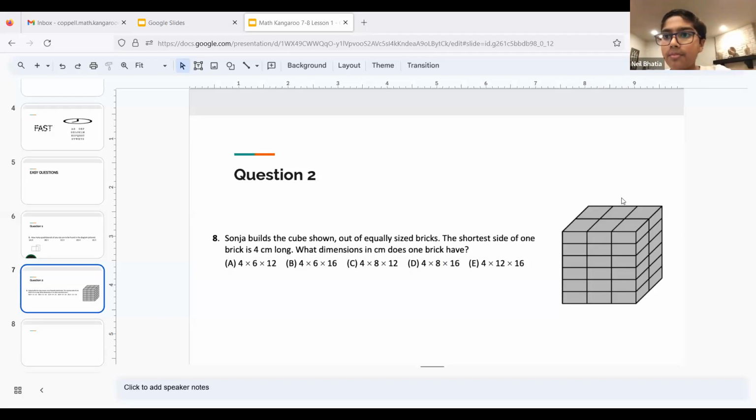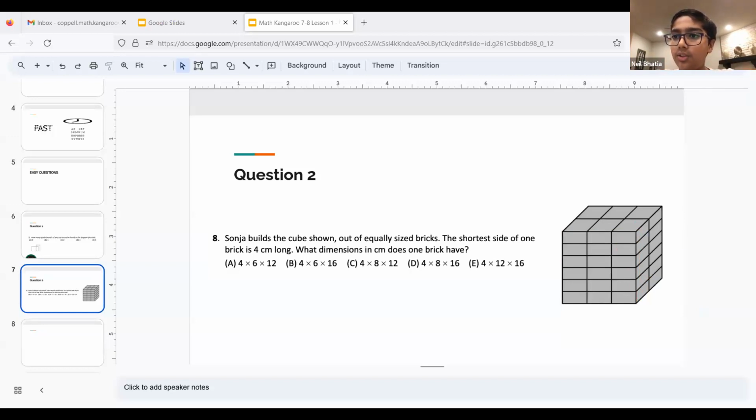First, I started out that the smallest side of any brick is this side length. And if that side length equals 4, then there's 6 of them in this cube going down here. And 4 times 6 is 24. So each side length of the cube is 24.